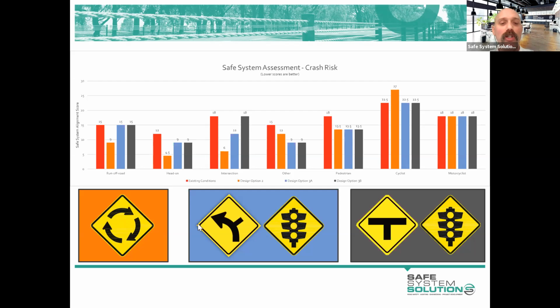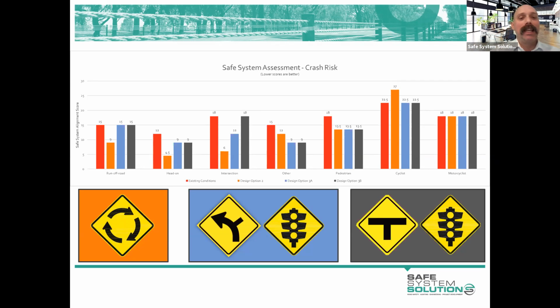There is a lot more to it than this as an output, but this is really what we're finding that the project directors or the exec directors or the regional directors or the managers are looking for when they get these safe system assessments. They want to open it up and they want a quick snapshot of how well this project aligns with safe system principles.